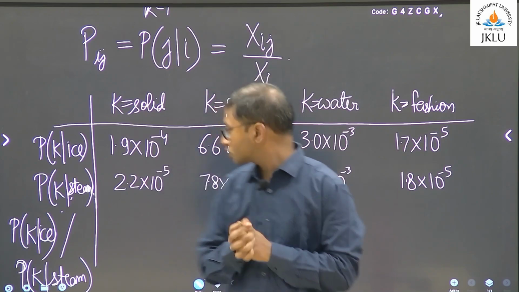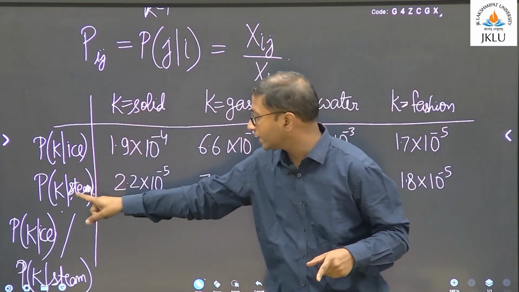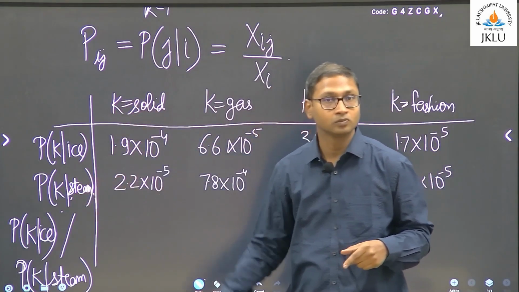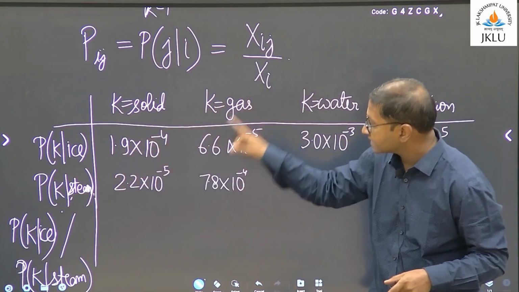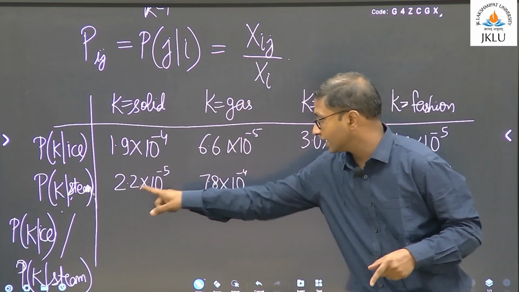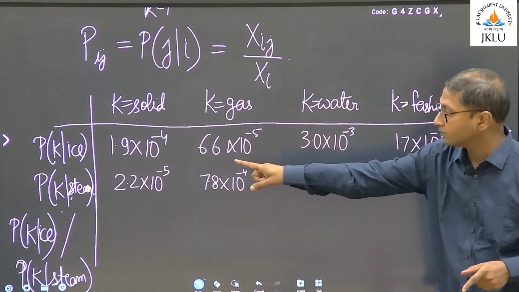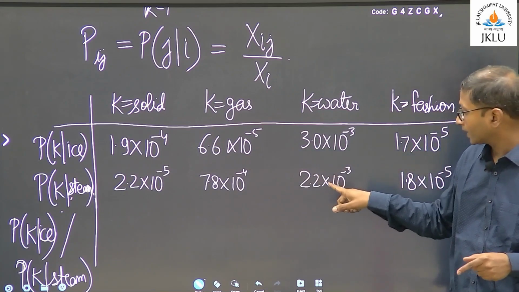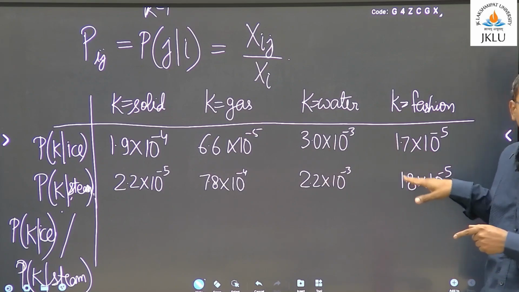Okay. So same here. What is probability of solid given steam? Low. What is the probability of gas given steam? Relatively higher. What is the probability of water given steam? Again high. What is the probability of fashion given steam? Again low.